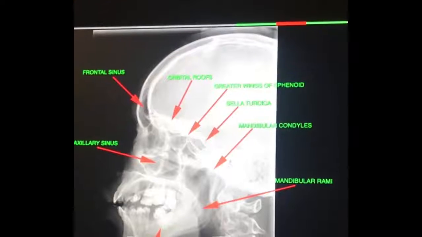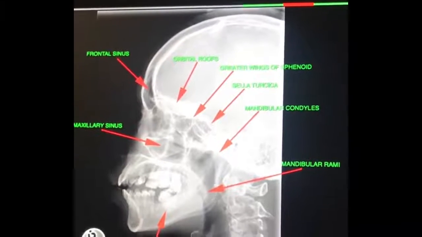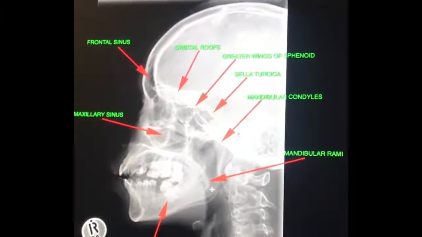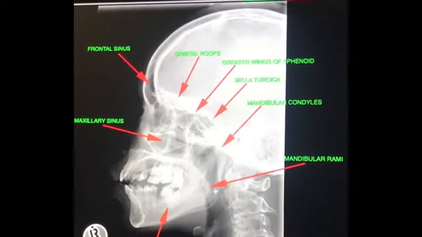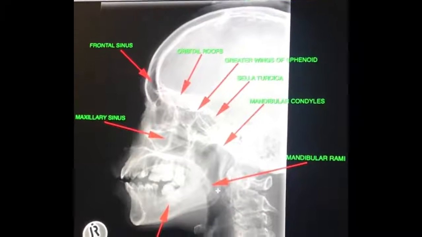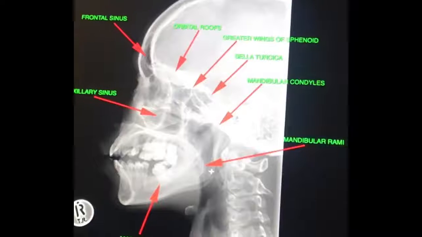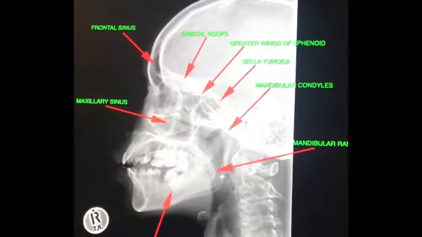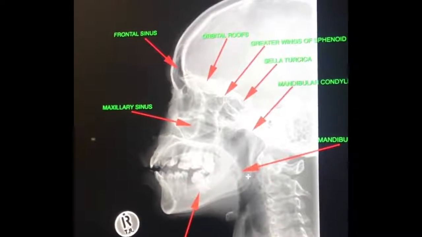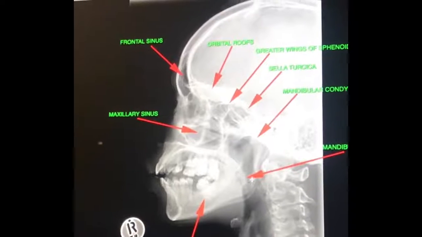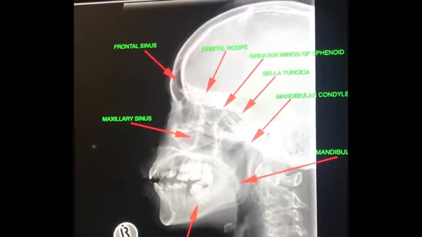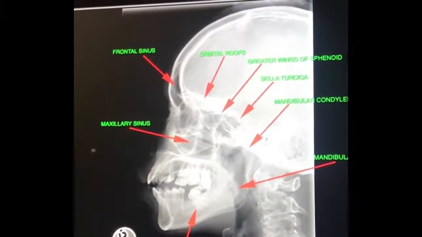Ideally you want these structures to be nicely superimposed on each other. If there is an anterior to posterior separation, then that would mean there is a bit of rotation. If there is tilting, there will be a superior and inferior separation of the symmetric horizontal structures such as your orbital roofs as well as your greater wings of the sphenoid.